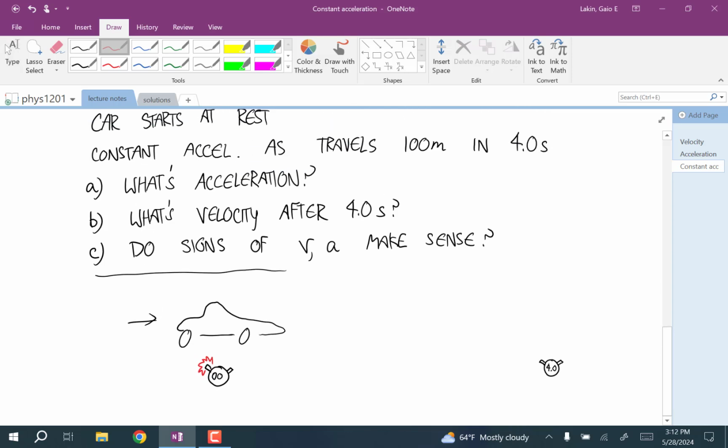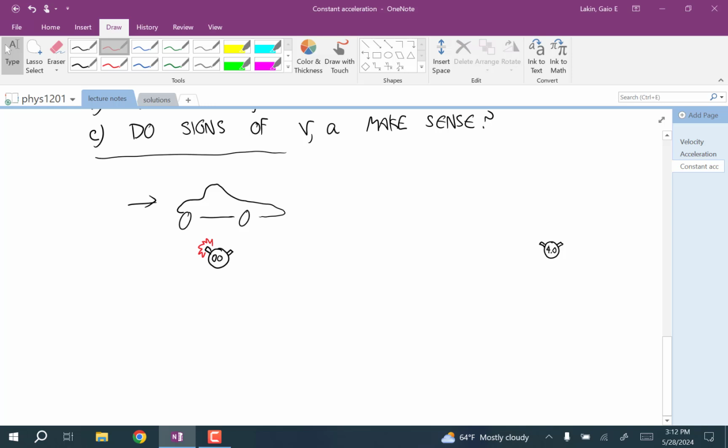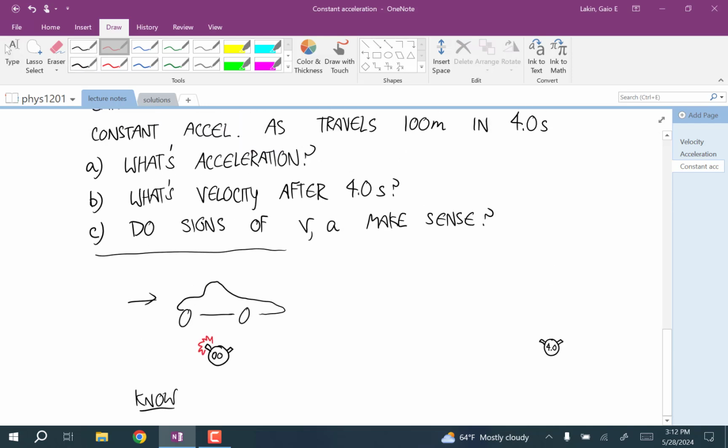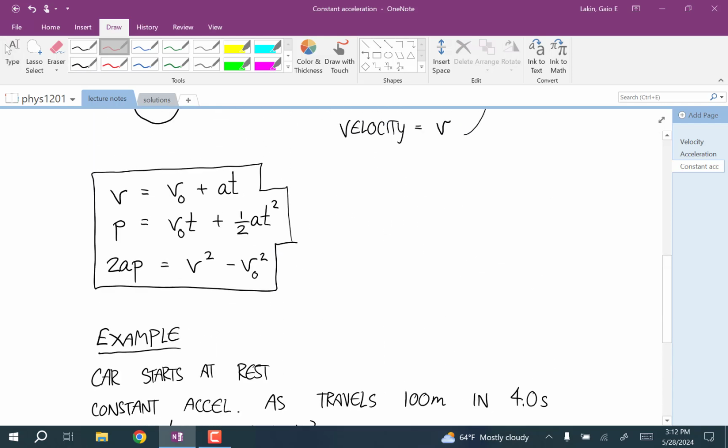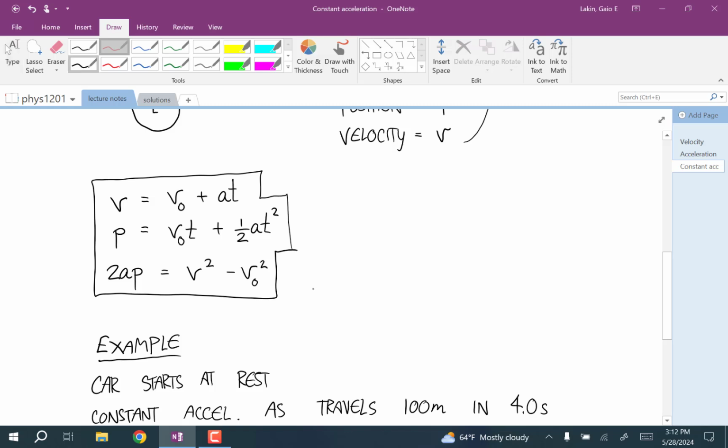Okay, well, let's think about what variables we know and what we're trying to find. You can think about all of the possible variables that come up in these things, and they are t, acceleration, p, v sub 0, and v.